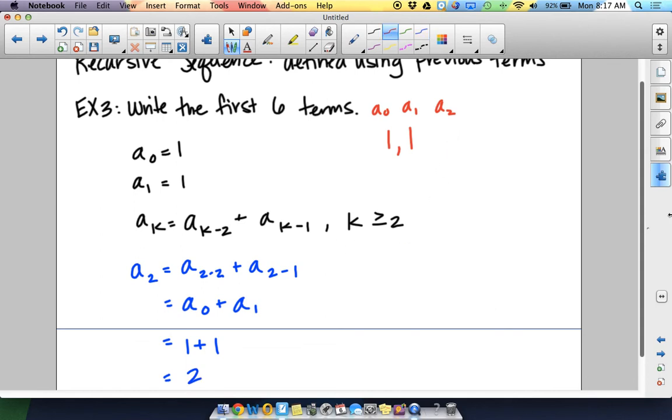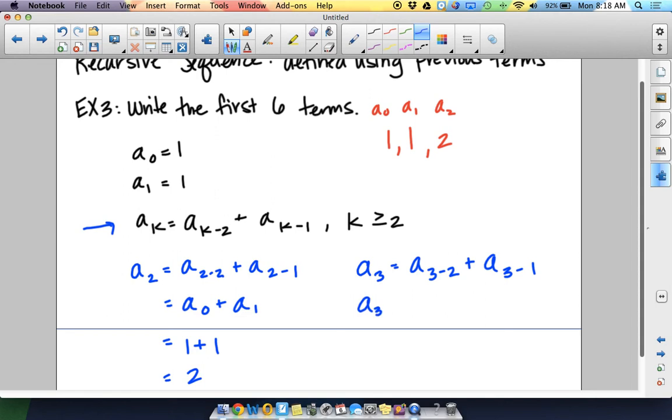So I'm going to put a 2 up here. What should we find next? A sub 3. So you have to realize that you're letting k equal 3. You're using this rule right here. So that equals a sub 3 minus 2 plus a sub 3 minus 1.